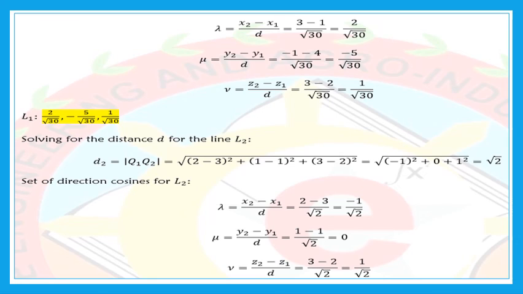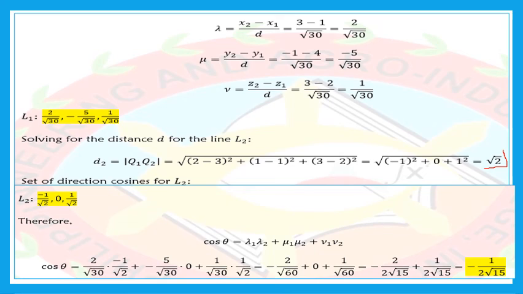Then, solving for the distance D for line L sub 2, since they are different, the distance we obtain for L sub 2 is the square root of 2. So the set of direction cosines for L sub 2 is negative 1 over the square root of 2, 0, and 1 over the square root of 2. This is a different set of direction cosines from L sub 1.